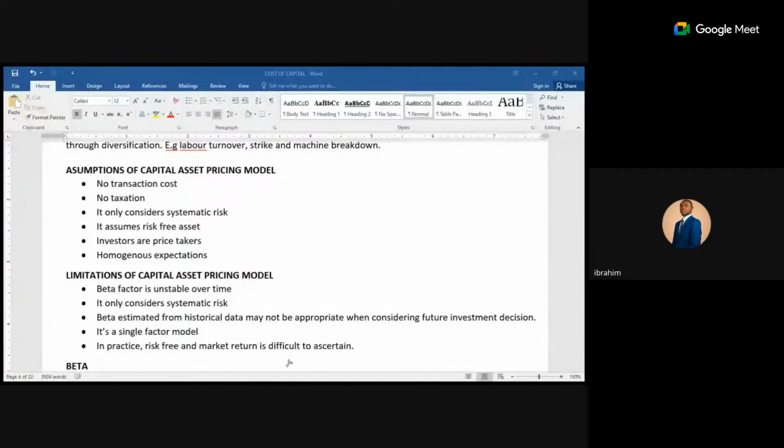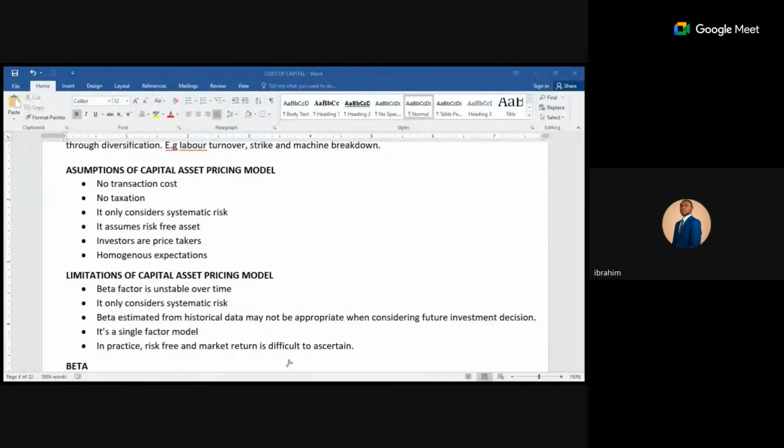Now, the limitations of the capital asset pricing model. Beta factor is unstable over time. It only considers systematic risk. Don't forget that the capital asset pricing model assumes that the only risk that affects your investment, your return, is systematic risk, which is not possible.